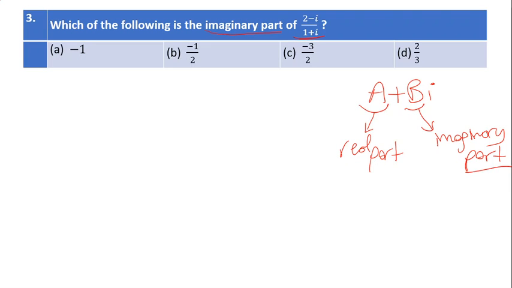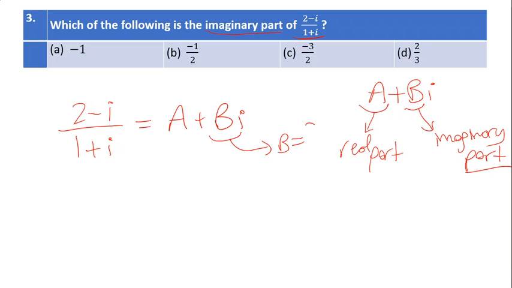Okay. Now we want to write (2 - i)/(1 + i) as a + bi. So then we will find this one. What is b?